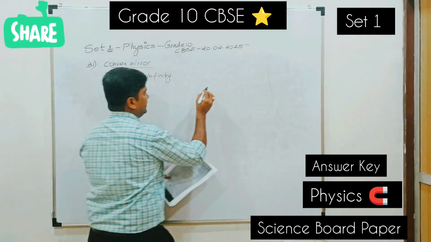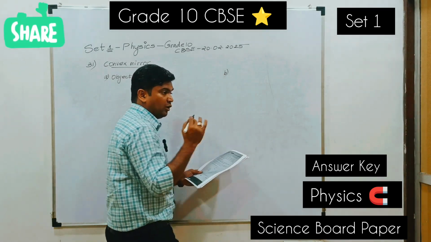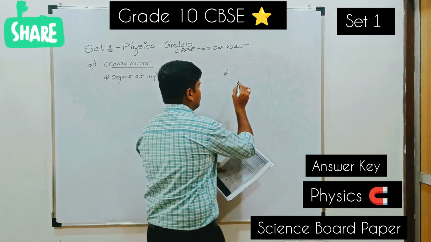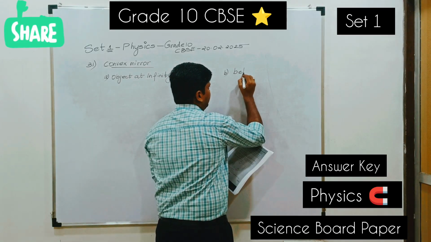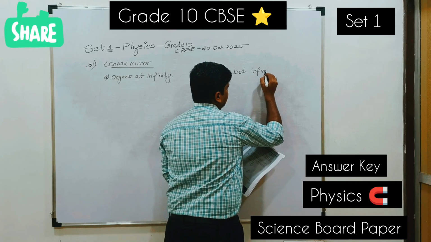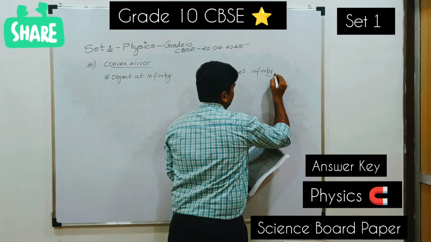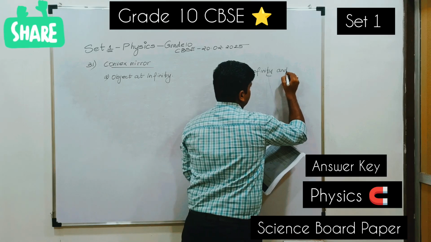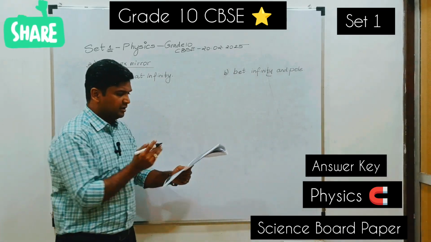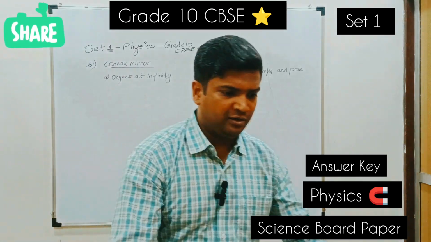Object at infinity, and the second case I'll write when the object is kept between infinity and pole of the mirror. Let's find out better. So now it is a convex mirror.